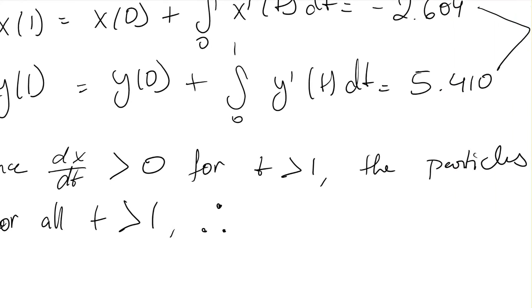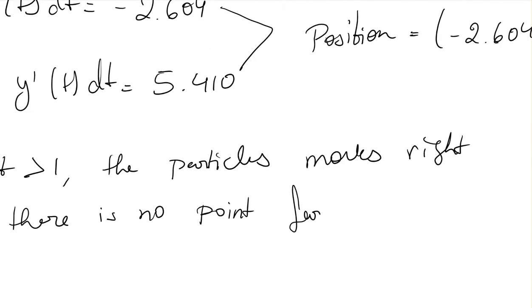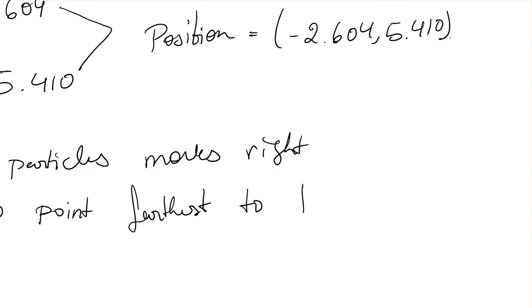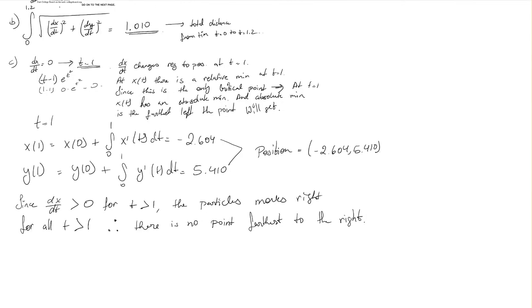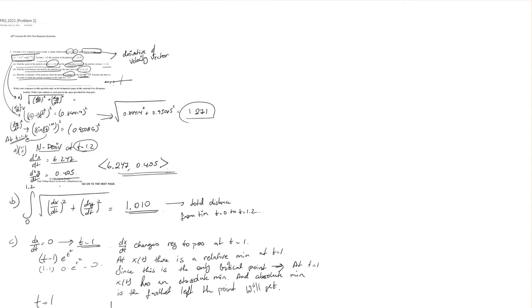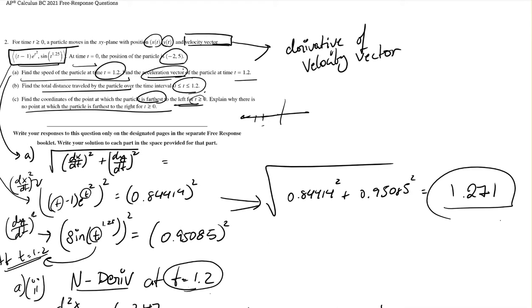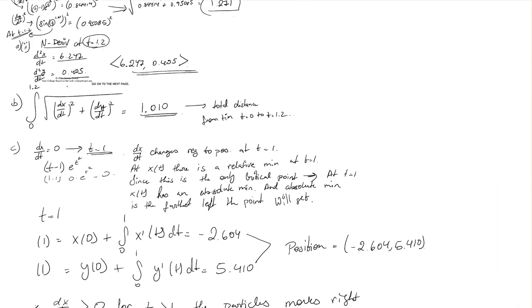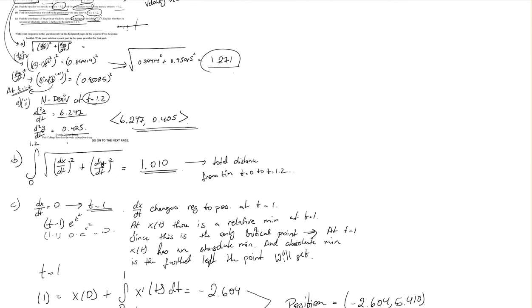Therefore, there is no point furthest to the right, because it just keeps going right. So you don't have a point where it's the furthest to the right, because it keeps going right. So yeah, that's the problem. And I hope you guys enjoyed.